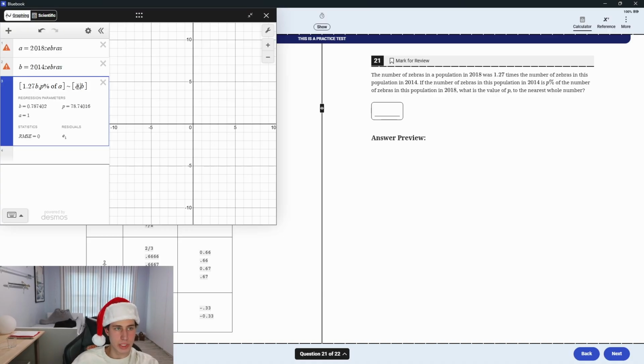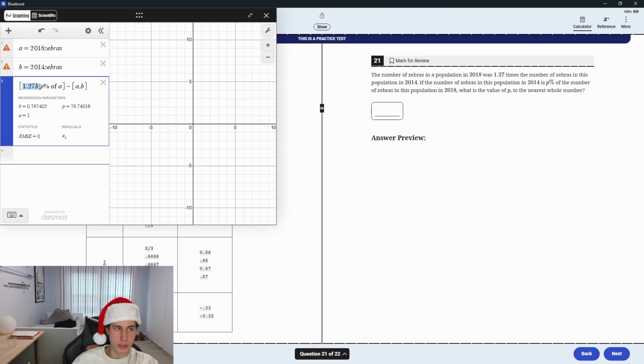So essentially what we're saying is that A, which is the 2018 zebras, is equal to 1.27 times the number of zebras in 2014. And then now we have B, which is the number of zebras in 2014, is P% the number of zebras in 2018. So P% of A is B, essentially.